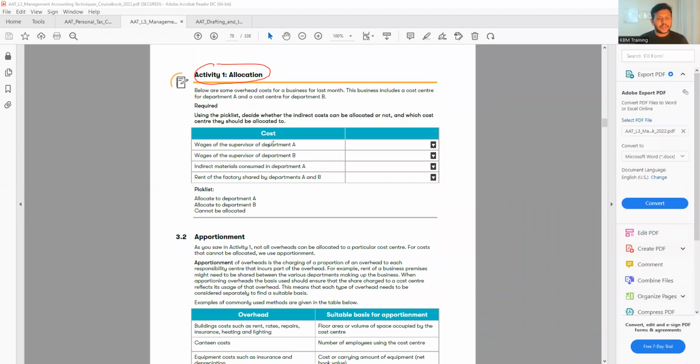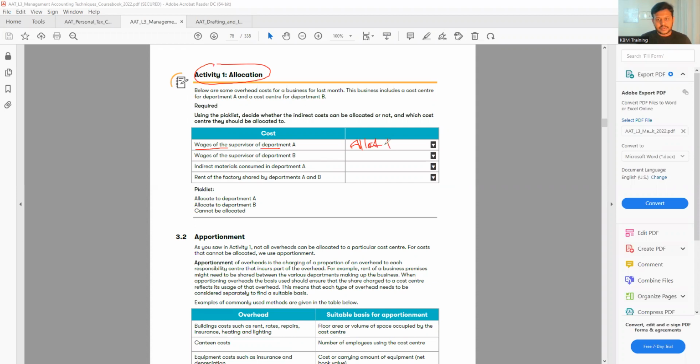So we have this one, wages of the supervisor of department A. What will this one be? This one we allocate to department A. Very well done. Allocate to department A because this salary belongs to department A. So I can easily allocate it.